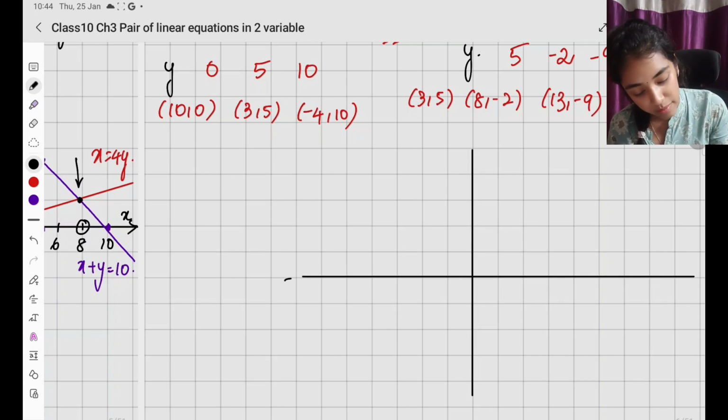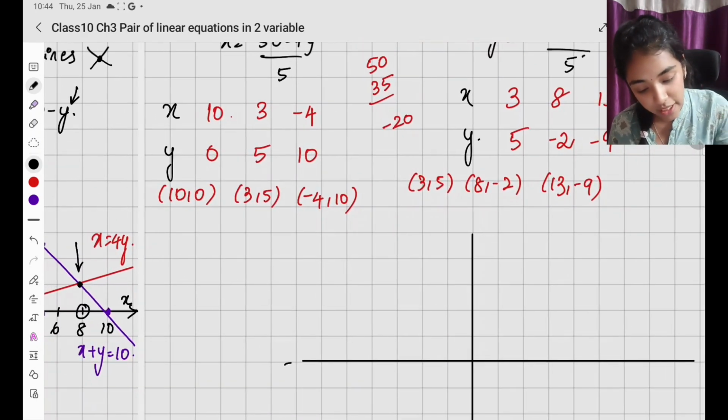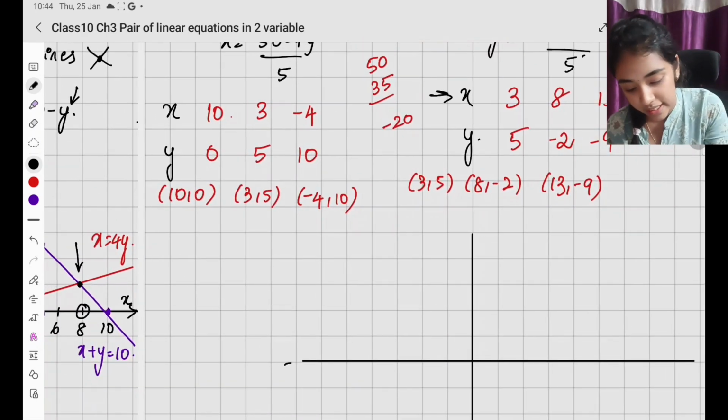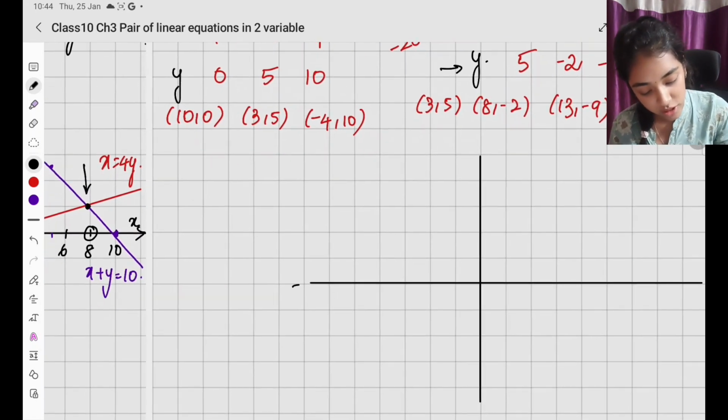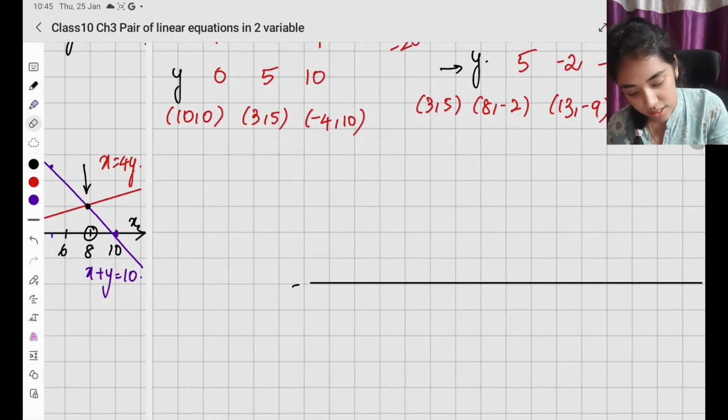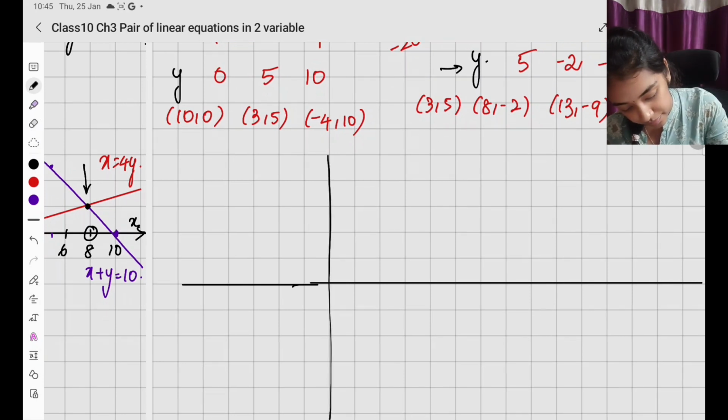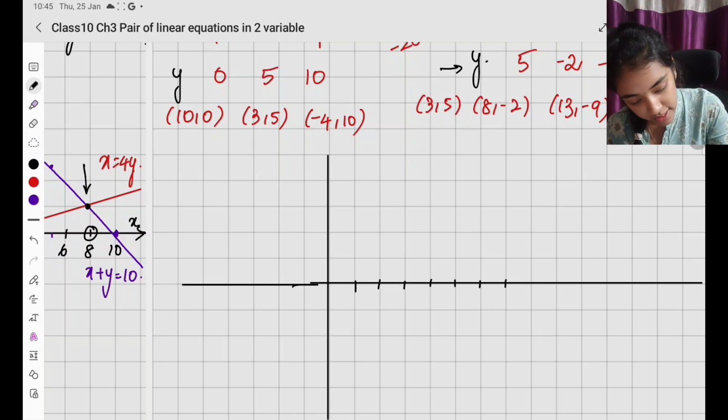Okay, now how are the values? Near x and y, the x values go up to 13, here up to 10. The y values are going until 9. Okay, so if we need x up to 13, let me move this a little bit over here. Okay, so I have 1 2 3 4 5 6 7 8 9 10 11 12 13.